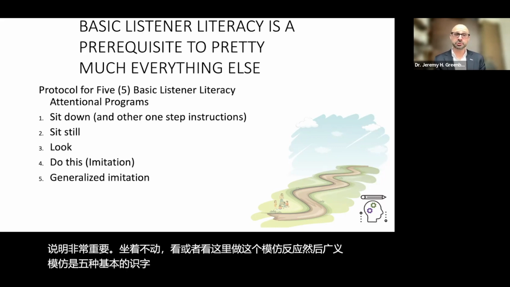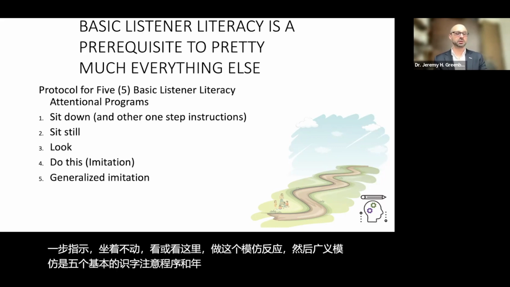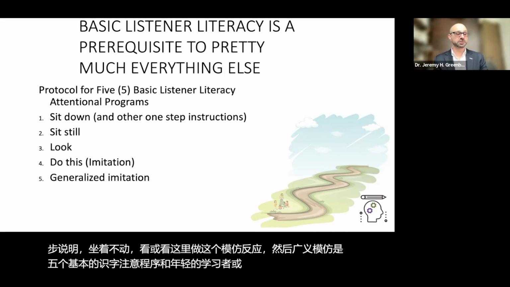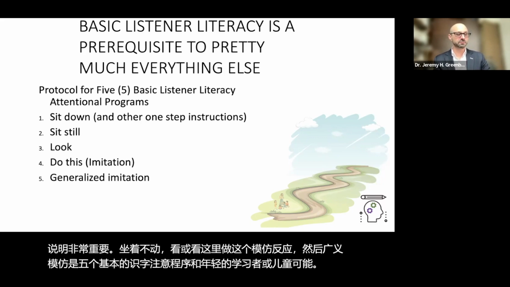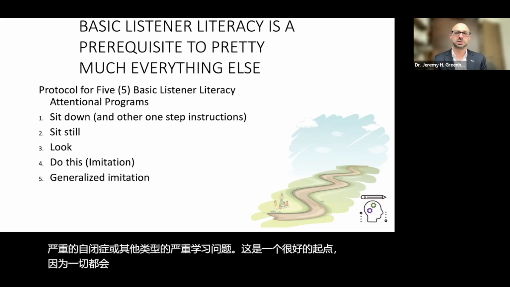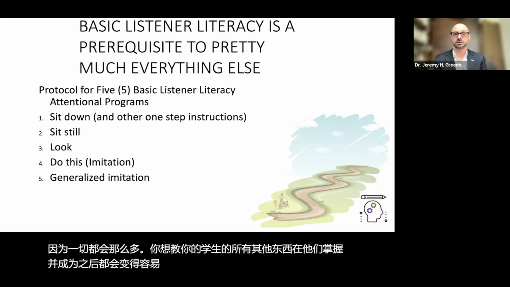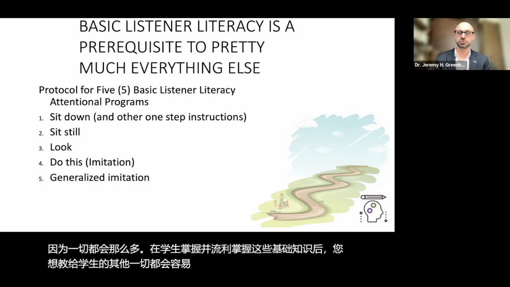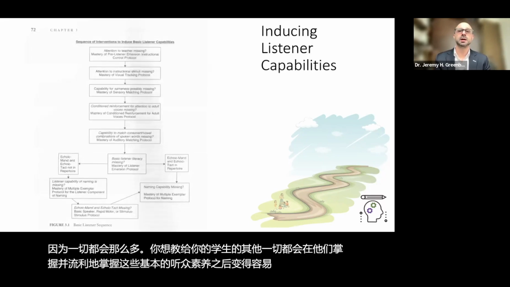And with young learners or children with maybe serious autism or other kinds of serious learning problems, this is a good place to start, because everything else that you want to teach your student is going to be that much easier after they've mastered and have become fluent in these basic listener literacy attentional programs.